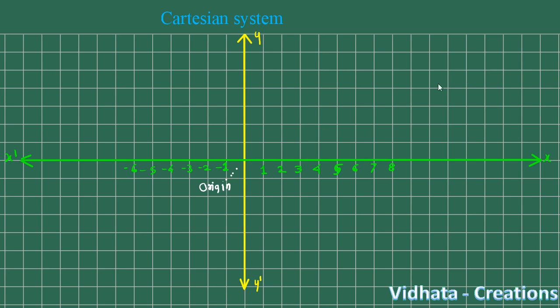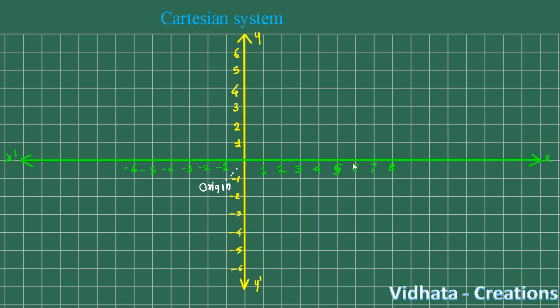Likewise, on the y-axis, the upper side has positive numbers. Here I will write 1, 2, 3, 4, 5, 6, and so on. Likewise, going down, we can write minus 1, minus 2, minus 3, minus 4, minus 5, minus 6, and so on.